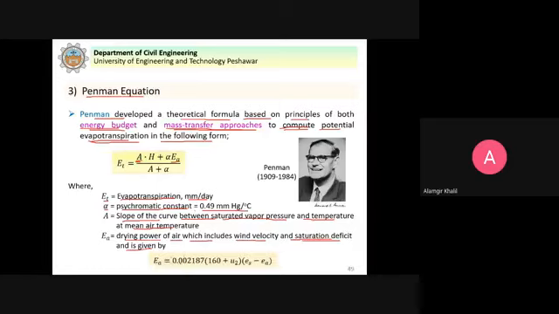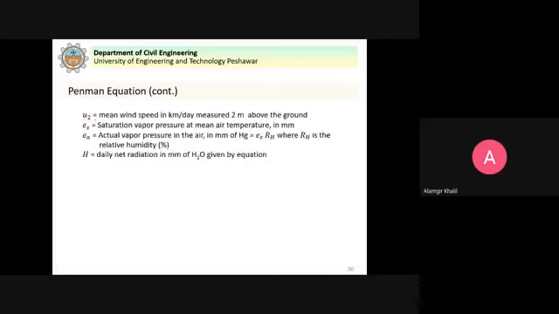EA is equal to 0.002187 into (160 plus U2) into (ES minus EA). In 0.002187, this U2 is the mean wind speed in kilometer per day measured 2 meter above the ground.